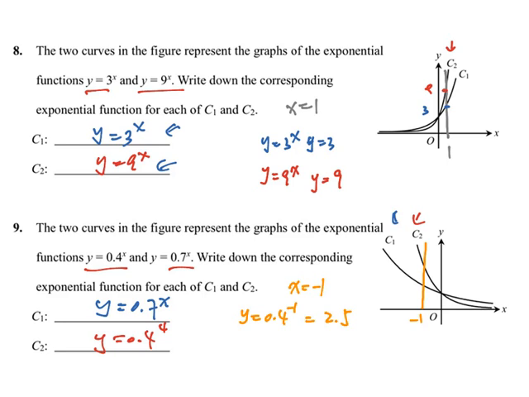And for y equal to 0.7 power negative 1, it is 1.43. So you can see this one is higher than this one. So the higher is C2, so this one is C2, and then the lower is C1.